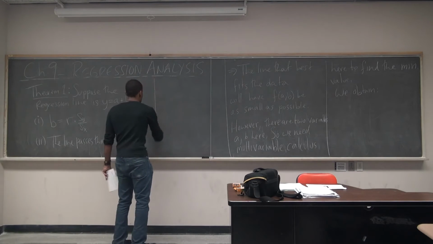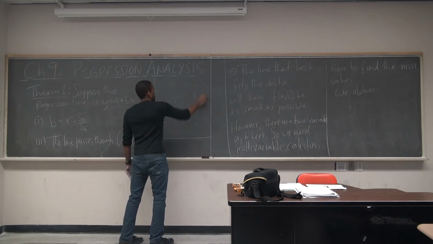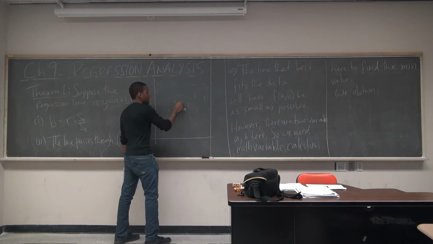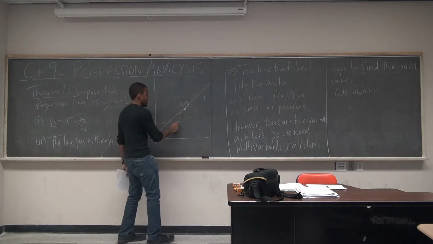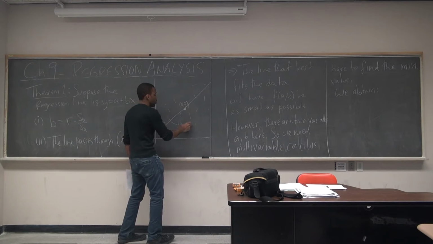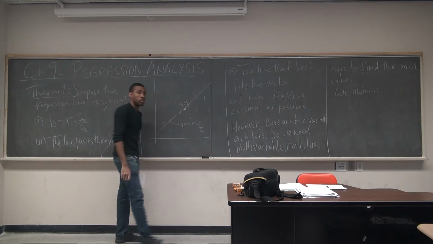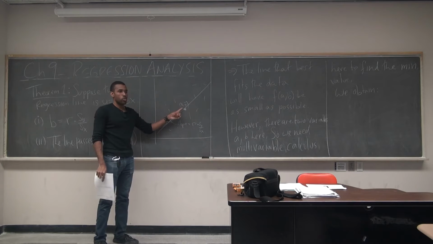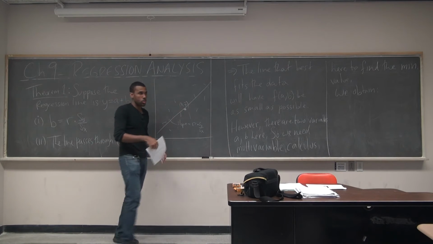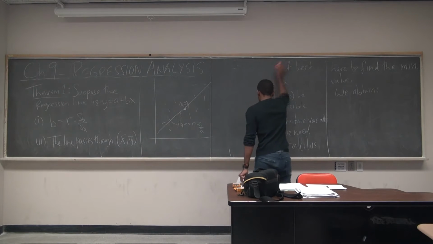So if you have dots all over the place, then that one dot that represents the average of x and y, the best fit line will pass through that point. And its slope will be equal to r times Sy over Sx. So I know the slope of the line, and I know a point it passes through. I can find its equation, right? Just use the point slope formula.